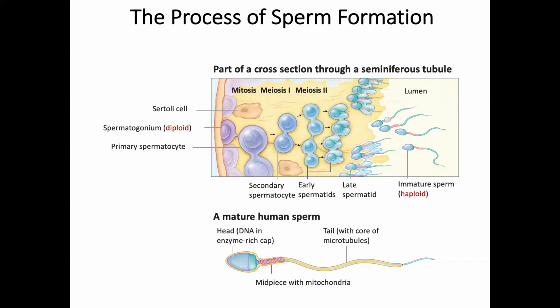The acrosome contains many digestive enzymes that help the sperm cell enter an oocyte. And the middle piece of the sperm is packed with a lot of mitochondria. A sperm uses the energy in the middle piece to move. And then, of course, the tail of the sperm acts like a propeller and helps the sperm to swim.